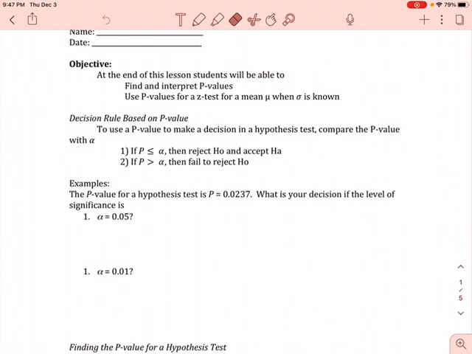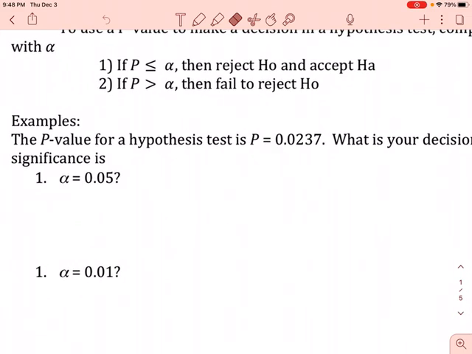So here's the p-value, 0.0237. If our level of significance is 0.05, are we rejecting or failing to reject? We're going to take our p-value and compare it to alpha to see what happens. Our p-value is 0.0237.